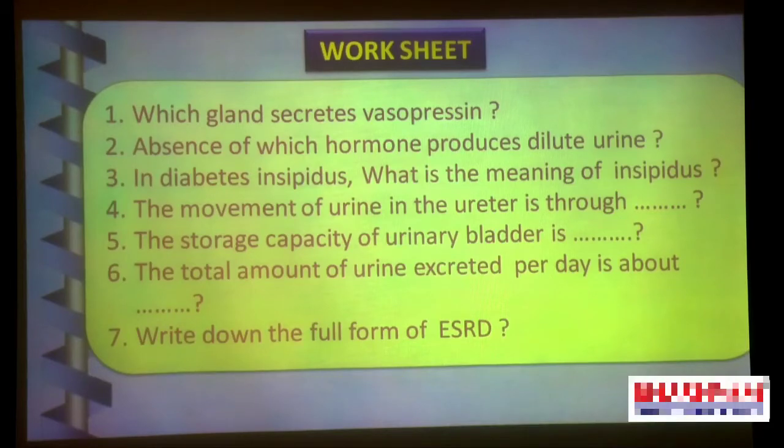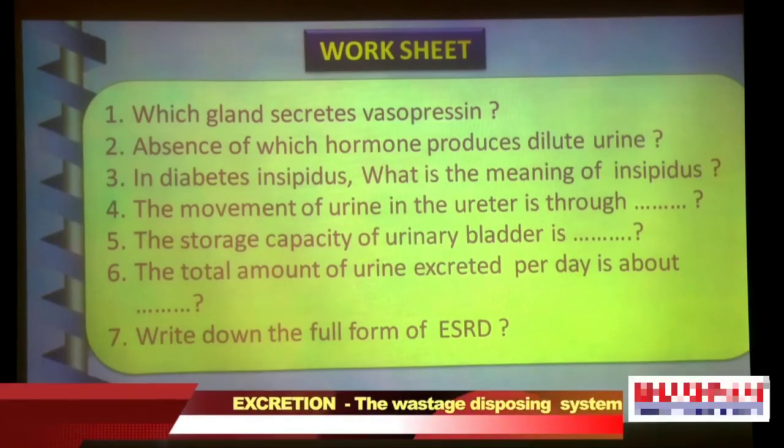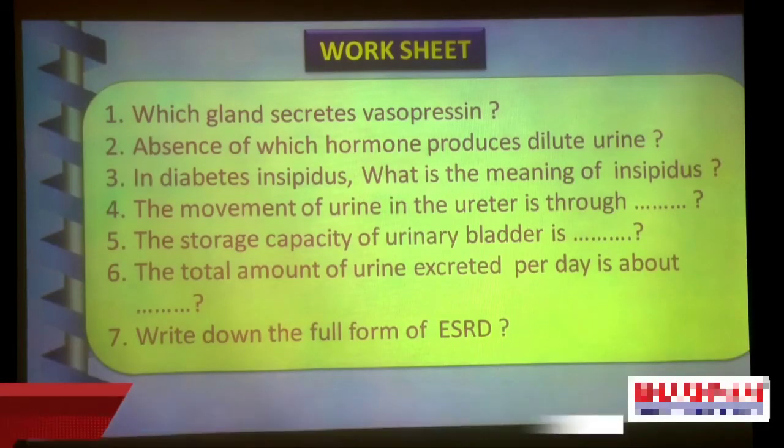The movement of urine in the ureter is which movement? What is the name of that movement? What is the storage capacity of the urinary bladder, how much urine is collected? The total amount of urine excreted per day is about what? Write down the full form of ESRD.